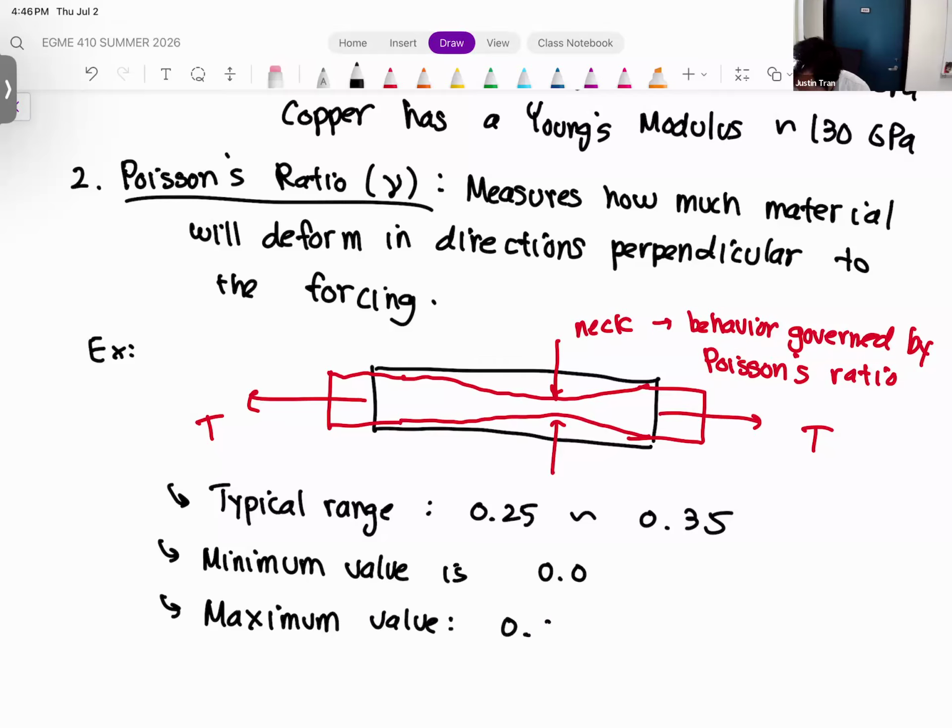The maximum value for Poisson's ratio is actually 0.5. Materials that are very incompressible, that have no way to stretch the bonds between their molecules, will have a high Poisson's ratio of 0.5.